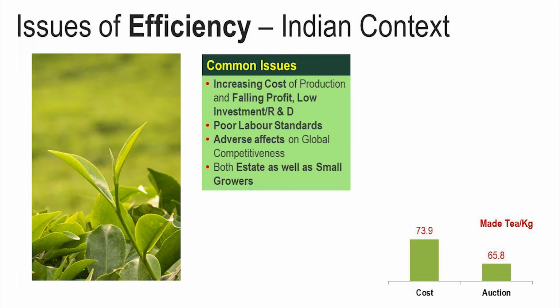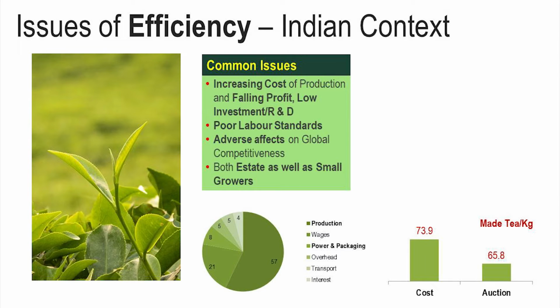At the same time, if you look at the distribution of cost, for instance, what are the elements of cost, you will see two ideas coming up very sharply. One is the production cost, and the other is the power and packaging cost.